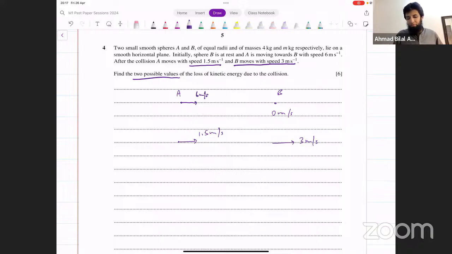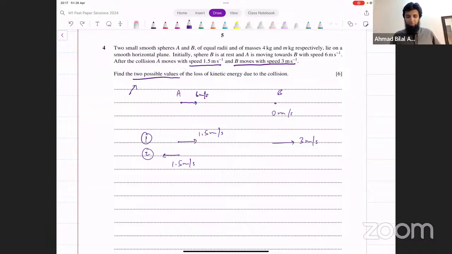And the other possibility would be that A actually moves to the left side with the speed 1.5 meters per second. This will be one case. This will be another case. You'll find the loss in kinetic energy for both of those cases separately. And that will give you these two possible values that you're looking for.